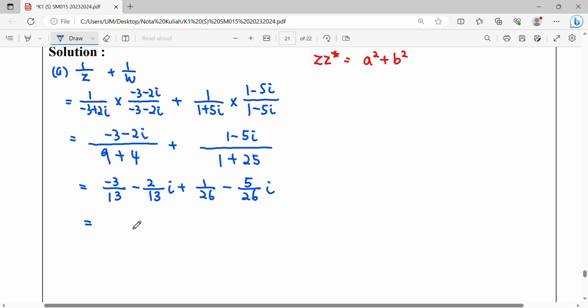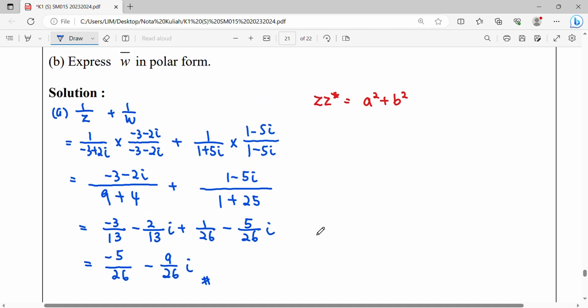So -3 over 13 plus 1 over 26 gives us -5 over 26. For the imaginary part, -2 over 13 minus 5 over 26 gives -9 over 26i. So here we have the final answer in standard form, which is real followed by imaginary part.